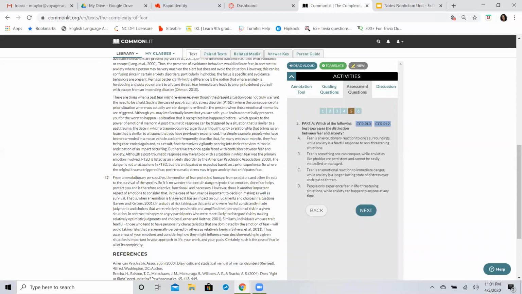So they mentioned a car accident. And they mentioned how people who had been in a car accident frequently describe that for many months, weeks after the car accident, they feel like they're going to get into another one. If they'd have thrown in a percentage saying that 75% of people who have been in car accidents have a fear of getting into a second car accident, that would be logos. That would be an appeal to logic.